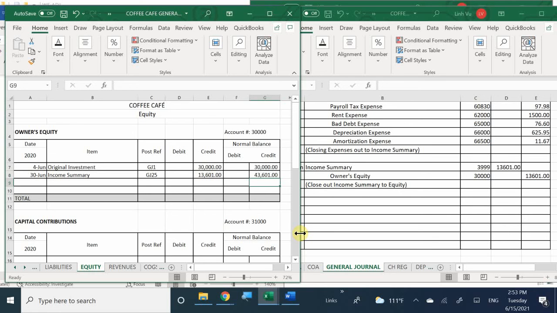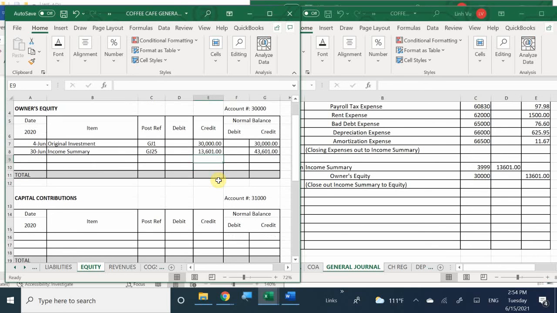So my equity is supposed to be 43,601. But what other contributing factors do I need to be aware of to update my equity account? Owner's withdrawal.